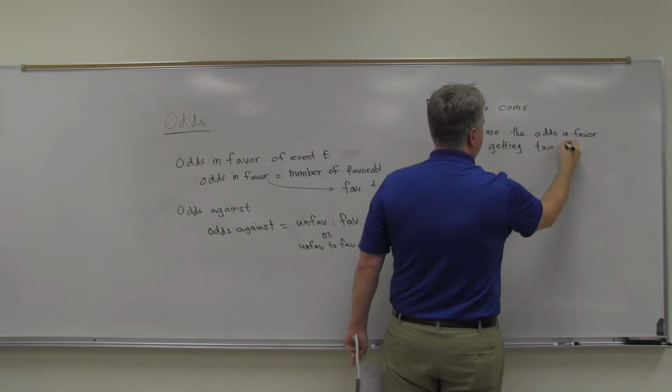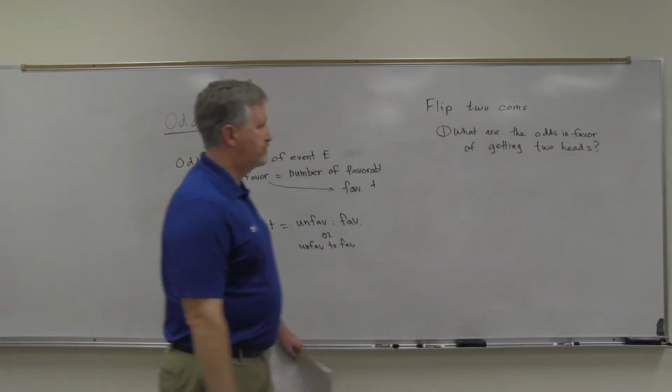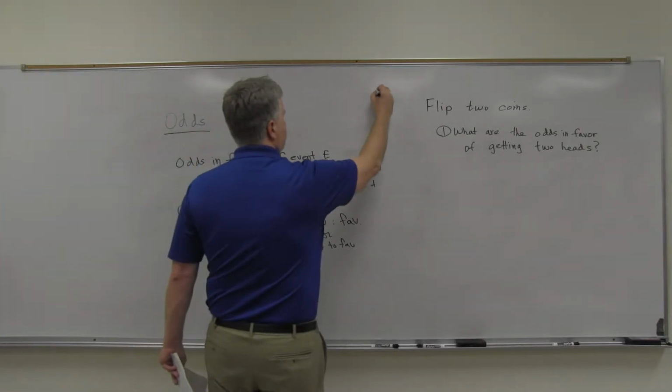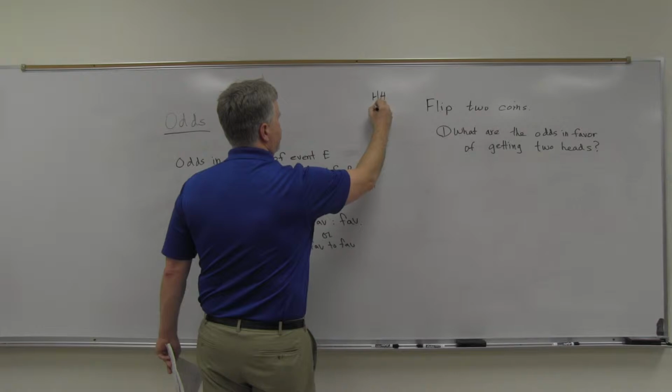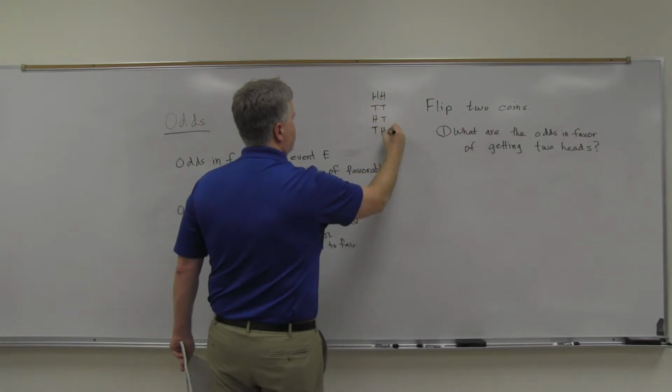Two heads. Or the odds in favor of getting two heads. Well, again, we're back to the flipping of two coins, all right? And so let's just write the sample space here. Heads, heads, tails, tails, heads, tails, tails, heads.